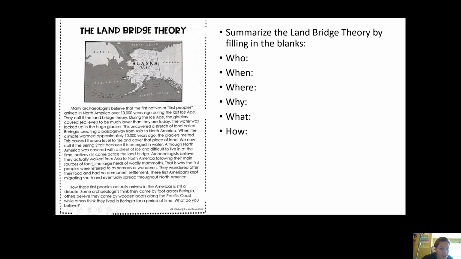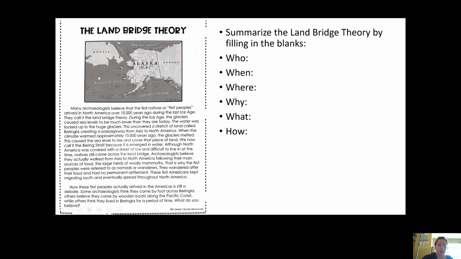Archaeologists believe they actually walked from Asia to North America following their main sources of food, the large herds of woolly mammoths, which we talked about last week, where they were overhunted because of us humans. That is why the first peoples were referred to as nomads or wanderers. They wandered after their food and had no permanent settlement. These first Americans kept migrating south and eventually spread throughout North America.